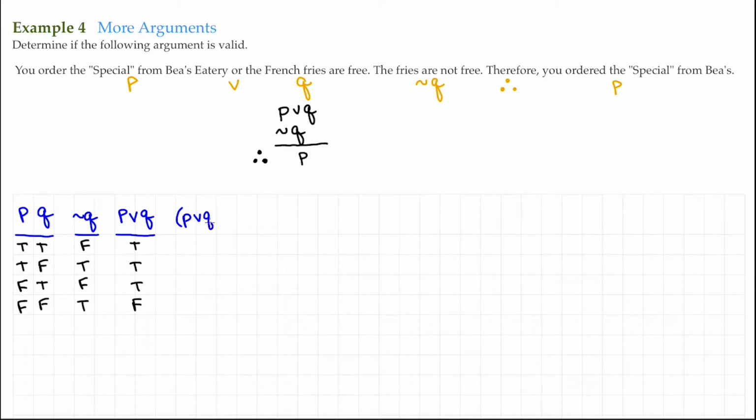P or Q and not Q. And of course, since this is a conjunction, they both have to be true. So it's true right here, and it's true right here. The rest will be false.